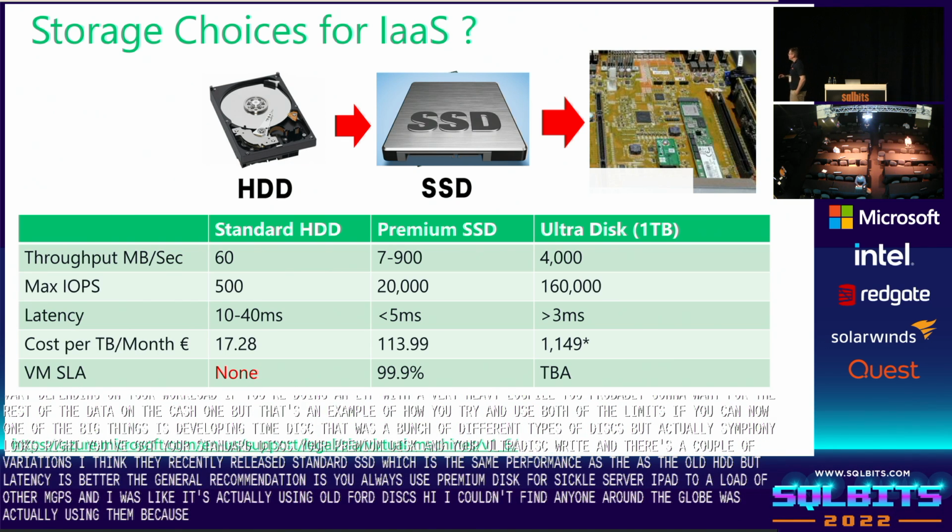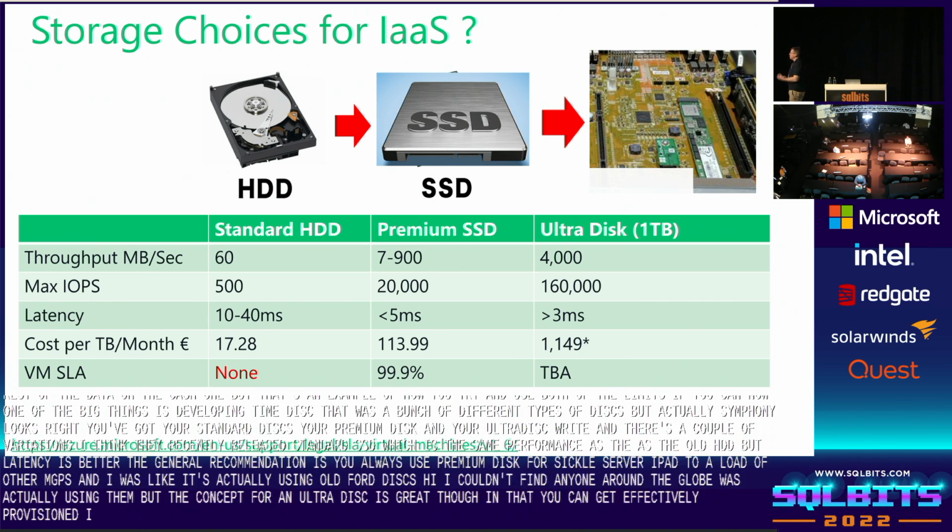The concept of an ultra disk is great, though, in that you can get effectively provisioned IOPS and throughput by, on a small amount of disk space, specifying a high amount of throughput and just paying for that, right?